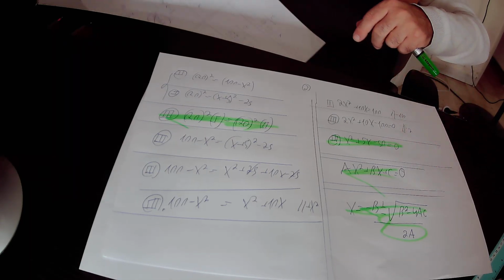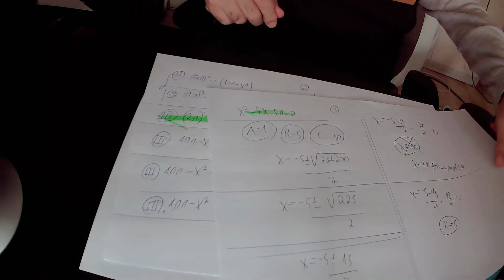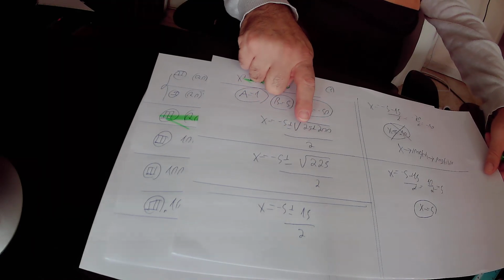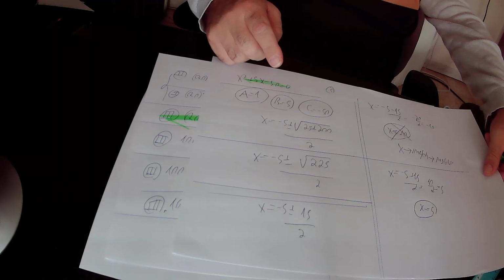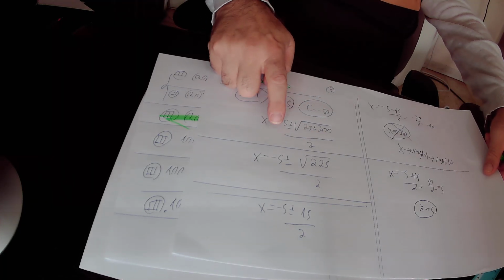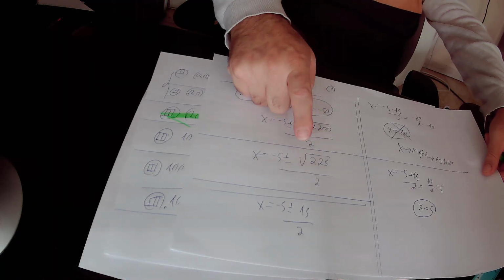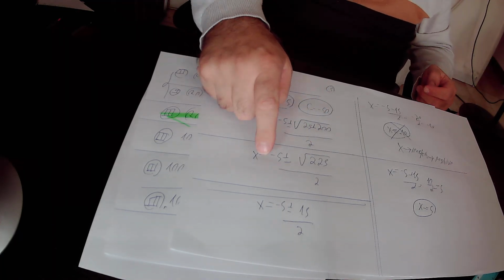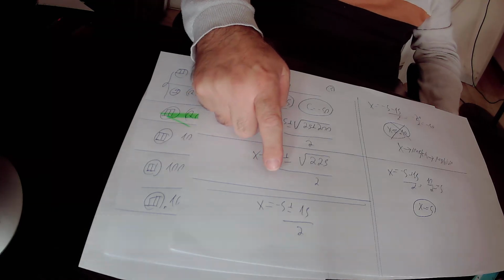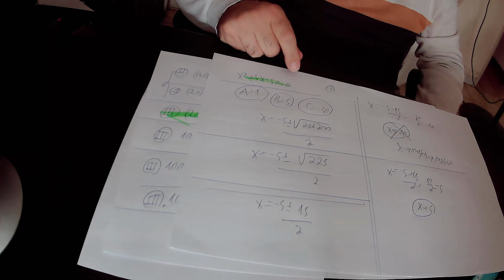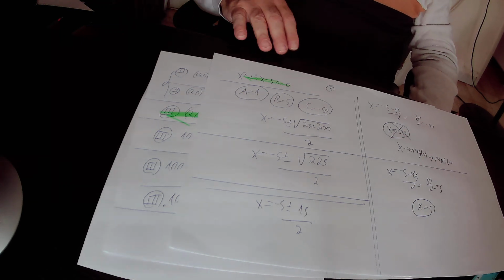So inside the root we are left with 25 plus 200, over 2a. A is 1, so 2a is 2 times 1, that is 2. So in total we found out that x equals minus 5 plus minus the square root of 25 plus 200, which is 225, over 2. So x equals minus 5 plus minus, the square root of 225 is 15, over 2. So here we have two possible solutions for x.